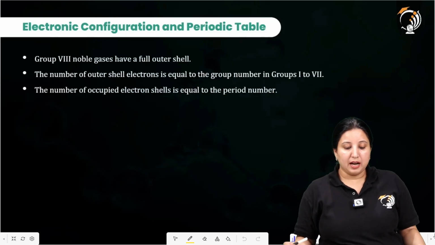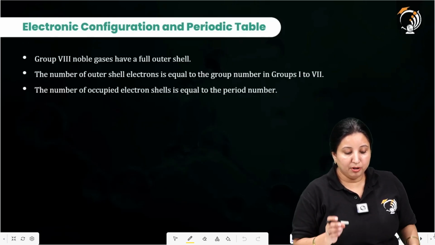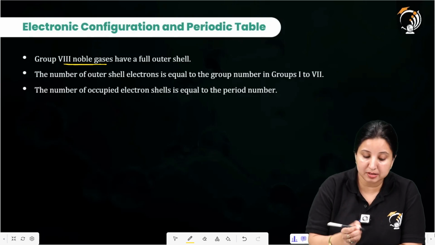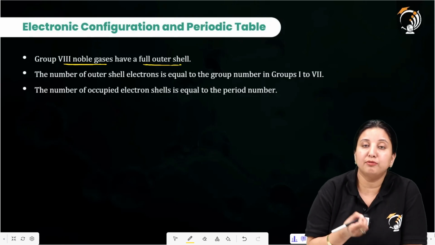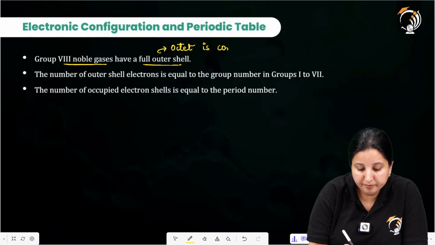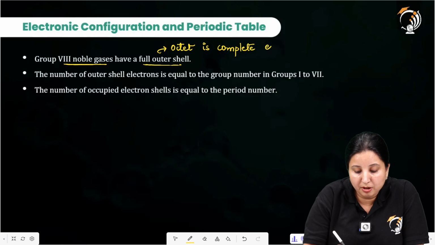Electronic configuration and the periodic table. Now if you look, group 8 is considered as the noble gases. Why? Because they have a full outer shell. Full outer shell means that their octet is complete. There is an exception of helium.